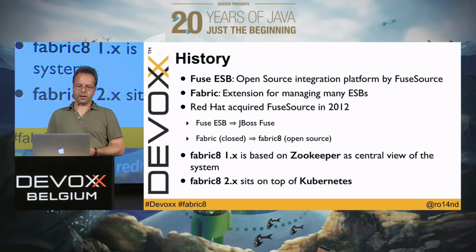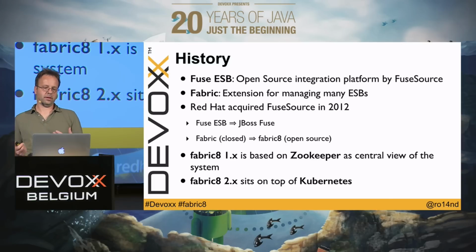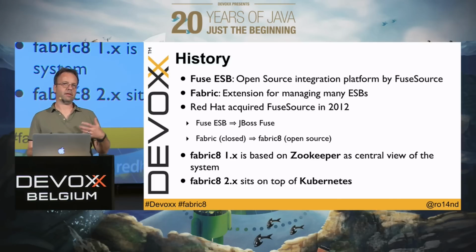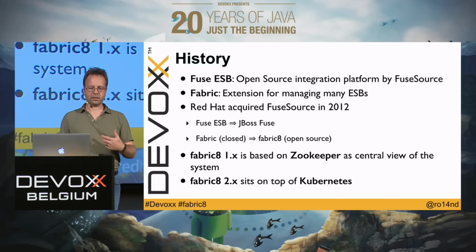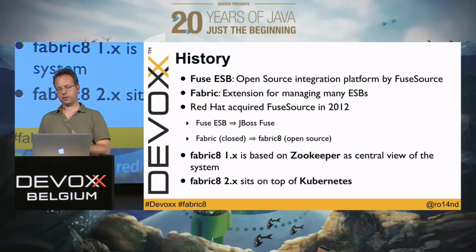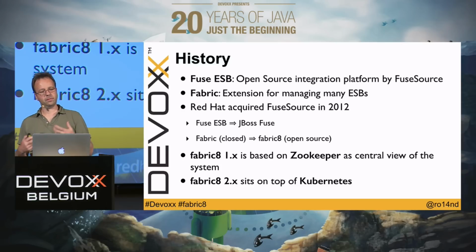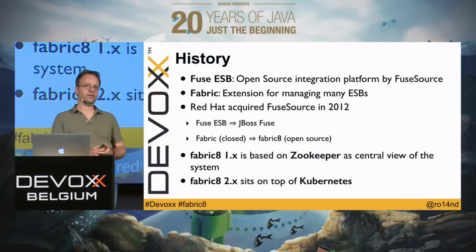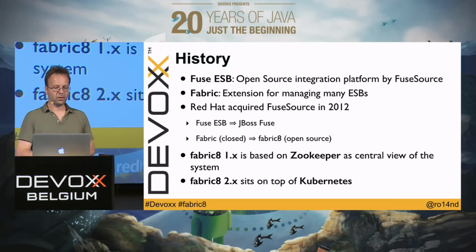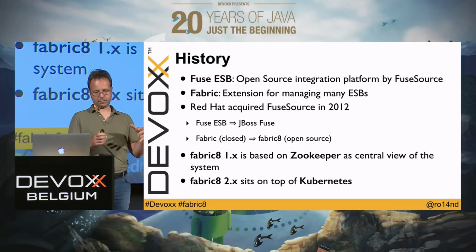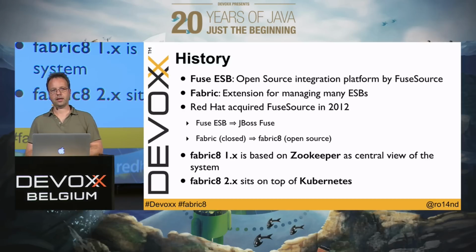But then the team behind Fabric8 realized that new tools around Docker emerged, which simply make things much easier. So one could throw away a lot of this infrastructural code, and now Fabric8 itself does a similar thing like Fabric8 1.x, but in that case on top of Kubernetes.